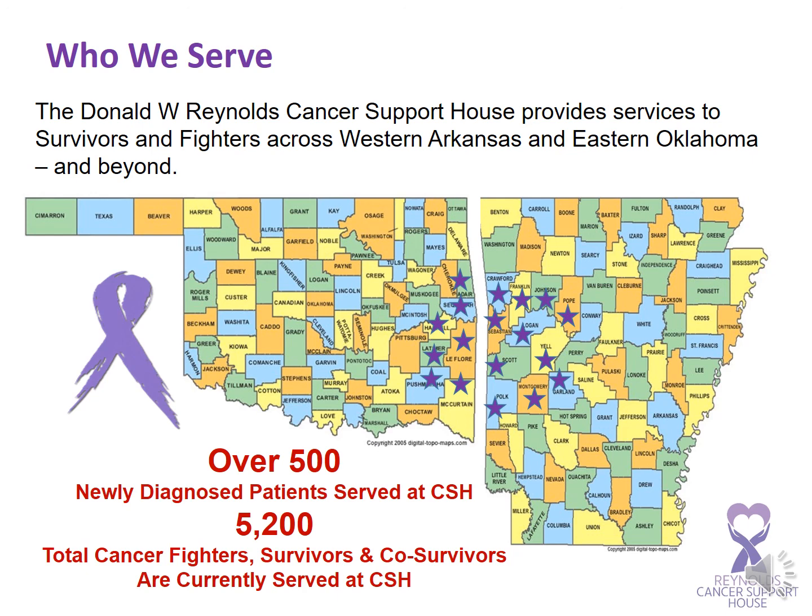It includes places like Van Buren and Alma, over in Poteau, and Pocola over in Oklahoma. Typically folks who live in these communities travel to Fort Smith for cancer treatment, and that's what defines our service area. We serve over 5,000 individuals a year.